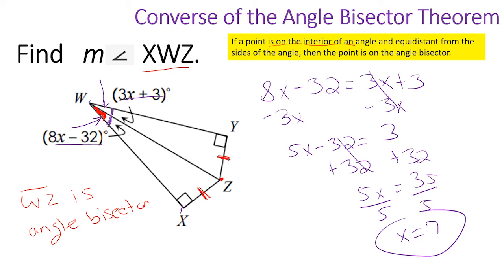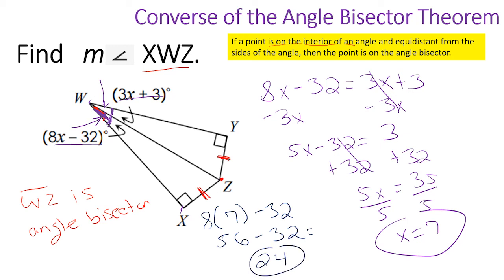XWZ again would be this angle here. So we just plug in our value. 8 times 7 minus 32. 8 times 7 is 56 minus 32. That gives me 24. So this angle would be 24 degrees.